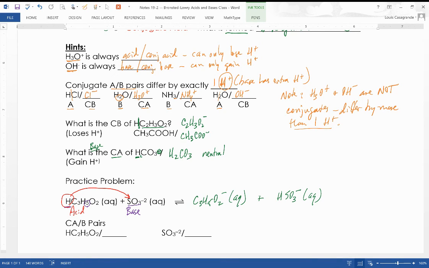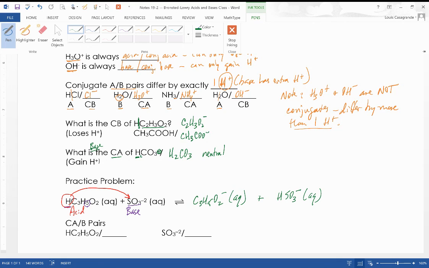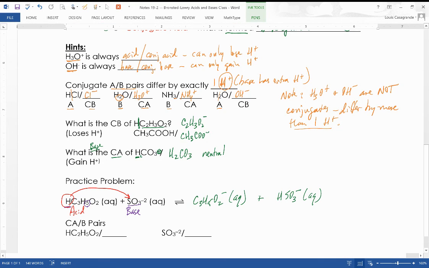And if we look, I'm going to label these with blue, with red and purple again. So the base becomes the conjugate acid. So label this as the conjugate acid. And the acid becomes the conjugate base. So we'll label this propanoate anion as our conjugate base.